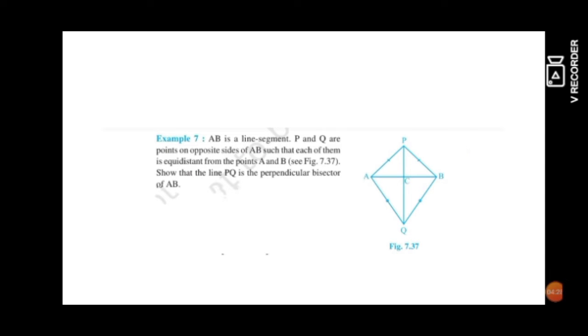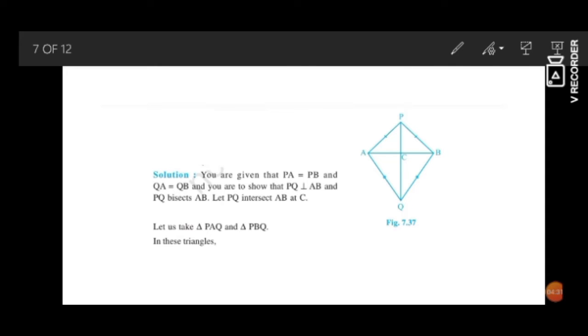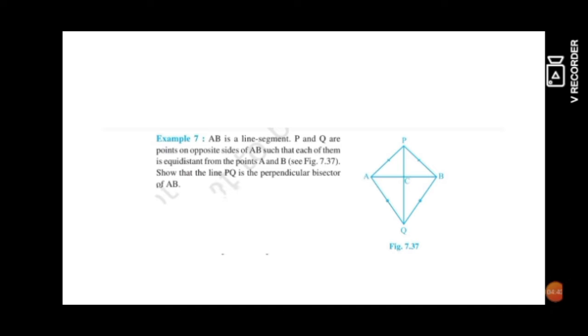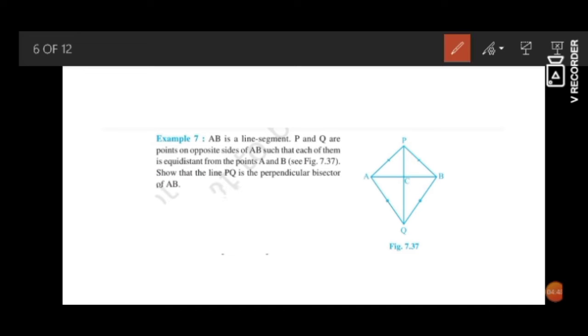Now here in example 7 we can see that it is said that AB is a line segment, P and Q are points on opposite sides of AB such that they are equidistant from A and B. That means the point P and the point Q are equidistant from the points A and B.